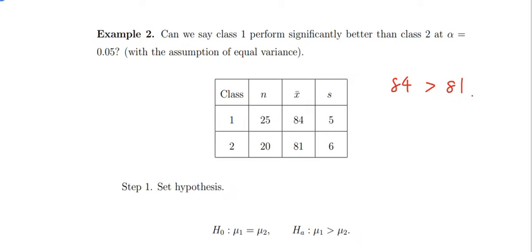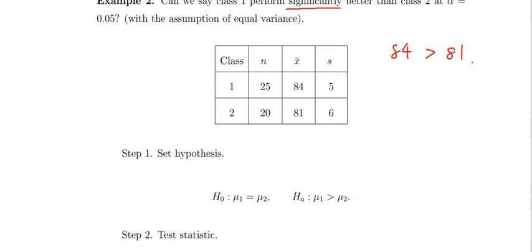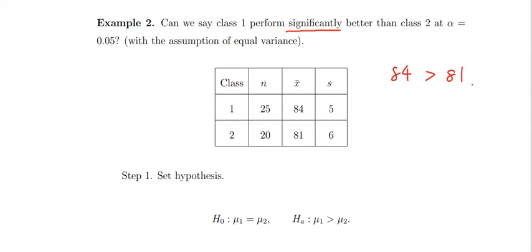But we need to check whether this is significantly better. So we say this is a hypothesis testing problem. H0 says mu1 equals mu2, no difference. For HA, what we want to prove, we put mu1 larger than mu2, because our purpose is to say that class 1 performs better than class 2.